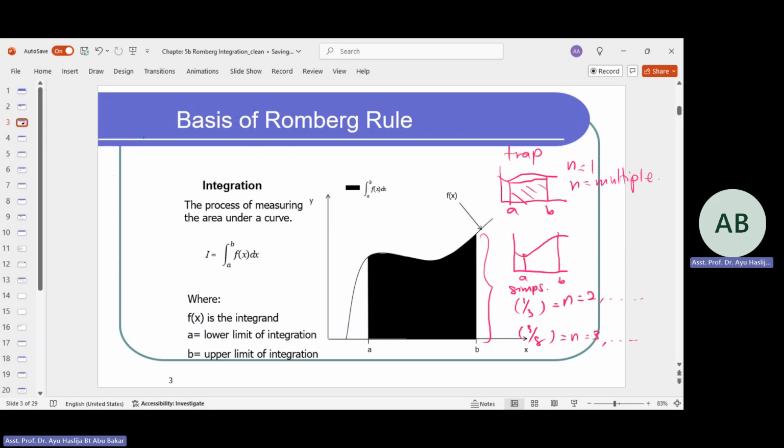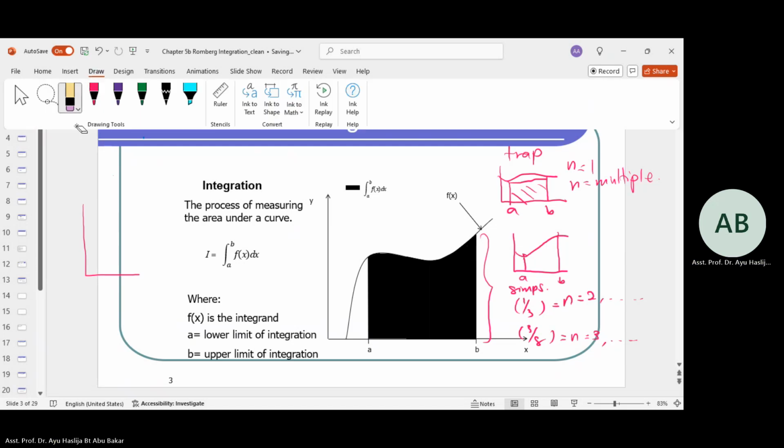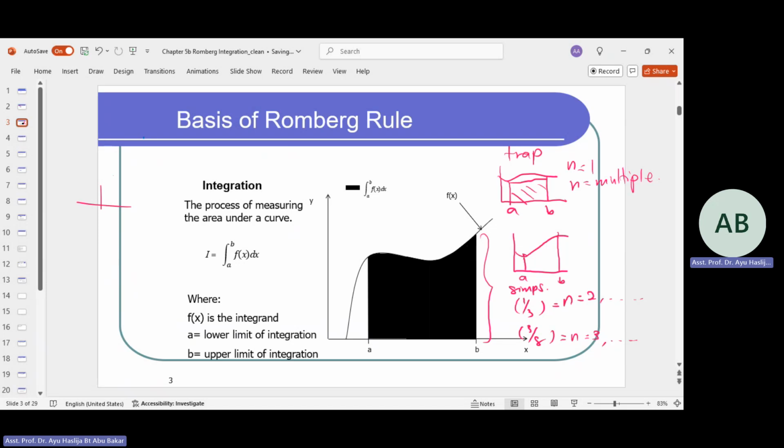We do one-time integration, and we know that the more segments you have, the less the error will be, correct?